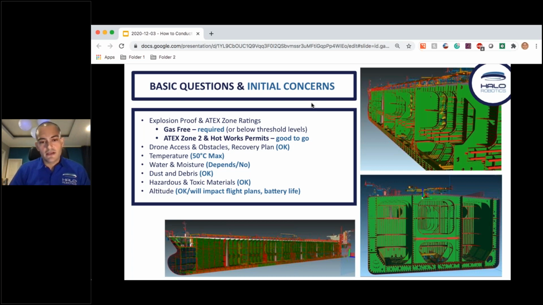This is fine; the Helios 2 can handle that. Most drones can, but it will affect battery life, because the drone is putting more work into staying in flight, so it will reduce battery life, and you should plan for that in the flight planning. So these are basic questions. We can move on to the next slide, Zach.